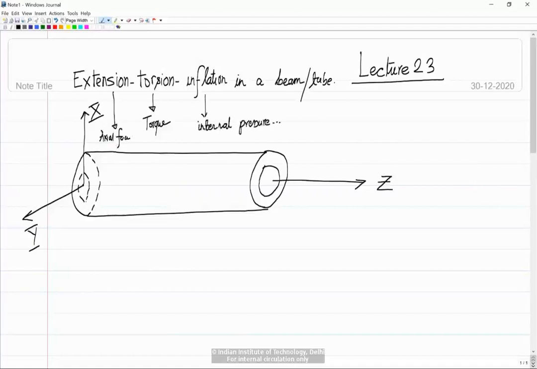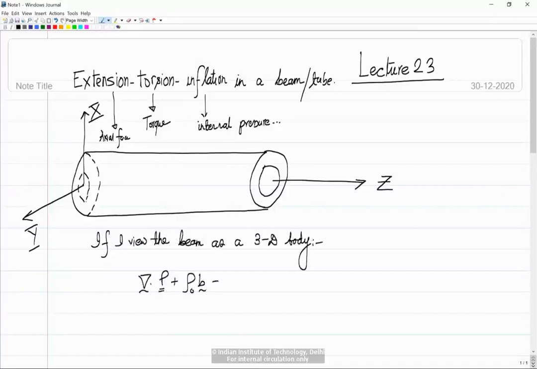So if I view the beam as a 3D body, then we had discussed that the equation that is to be solved is the LMB equation, which is divergence dot P plus the body force is equal to acceleration.